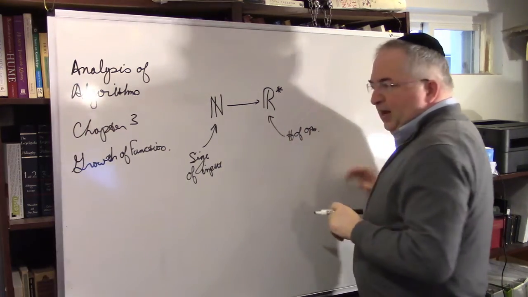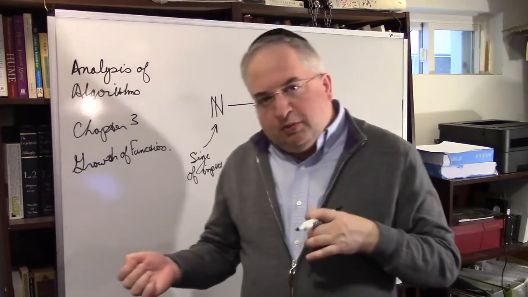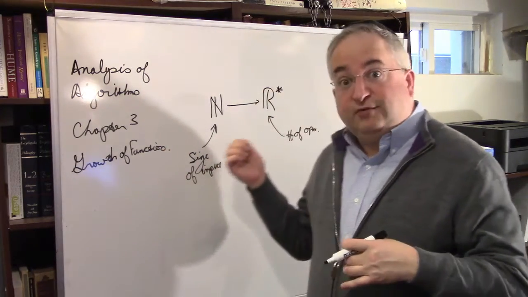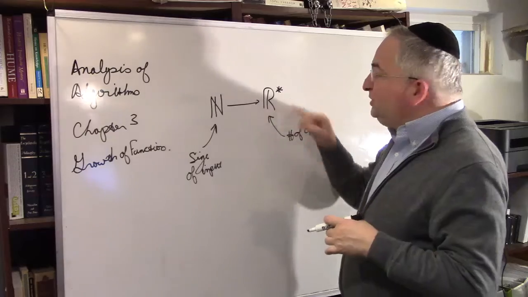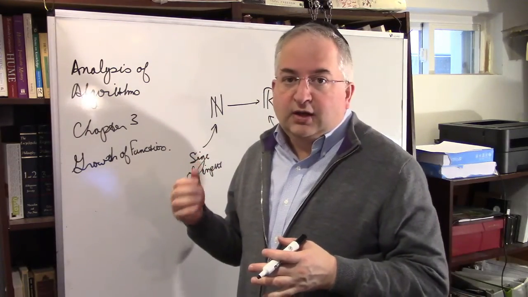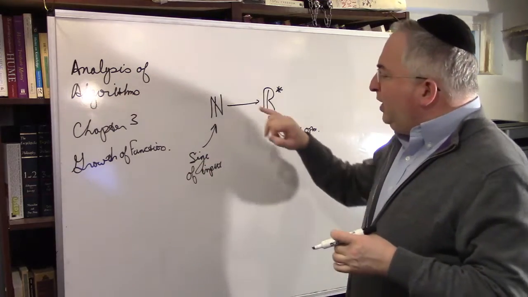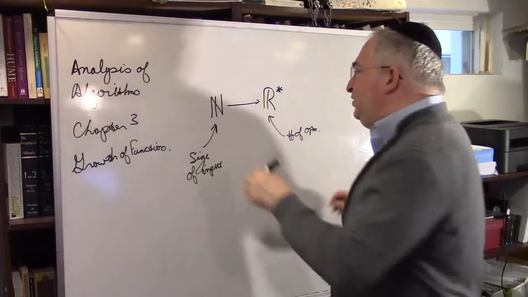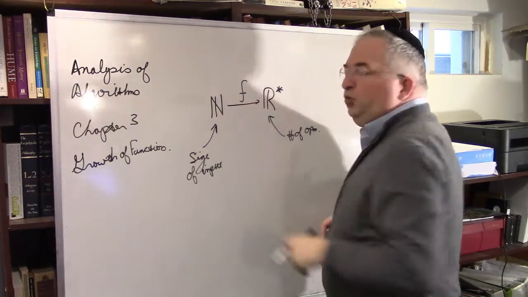Every algorithm is going to correspond to such a function. The R star means 0 or positive real numbers. So to every algorithm, we're going to have a function that corresponds, and the function is going to tell us how much work is done.